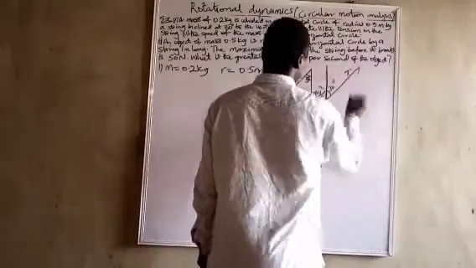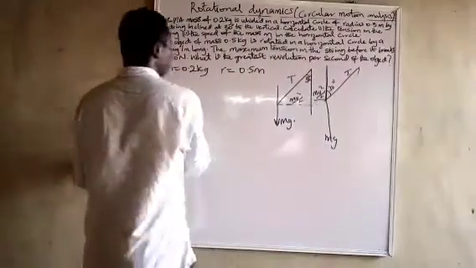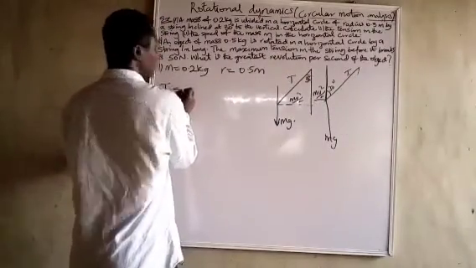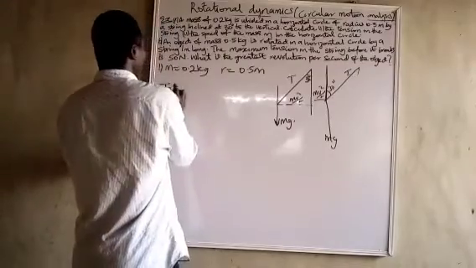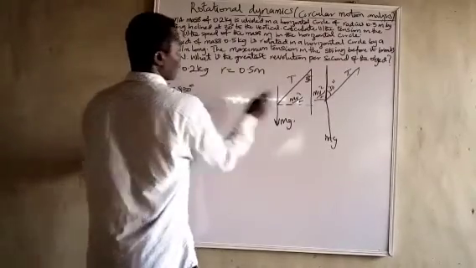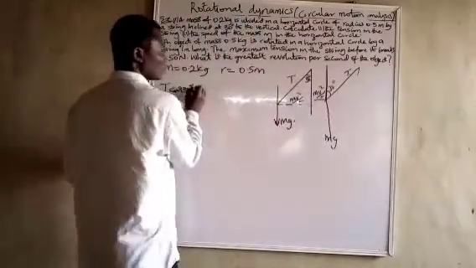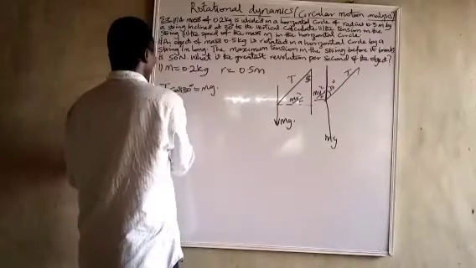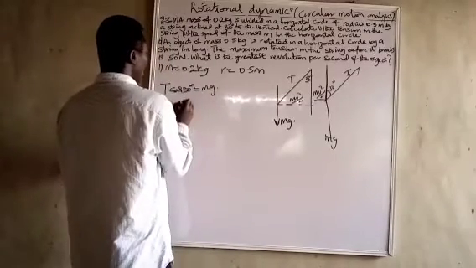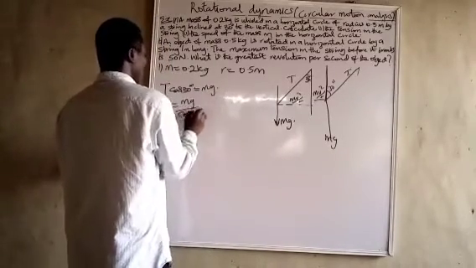And this is T. So T cos 30 is equal to mg. Therefore, T will be equal to mg over cos 30 degrees.